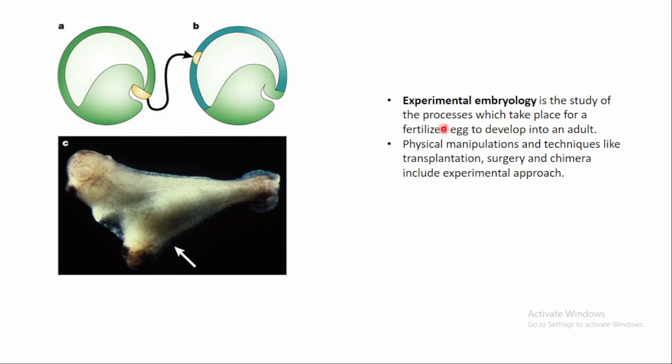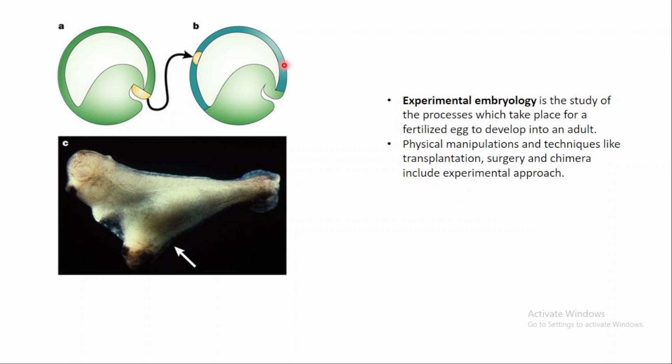Changing the tissues, changing the cell division, transplanting a part of tissue to another part of a fresh embryo are all experimental techniques which we use to study experimental embryology or developmental biology.